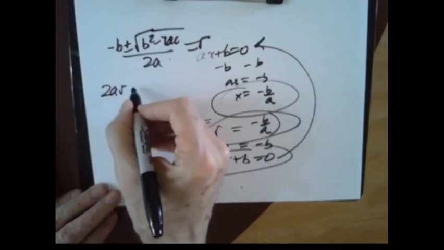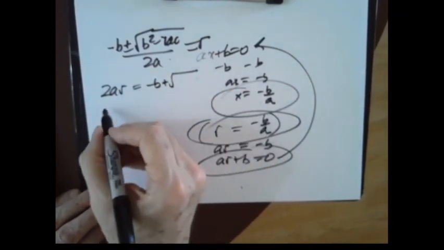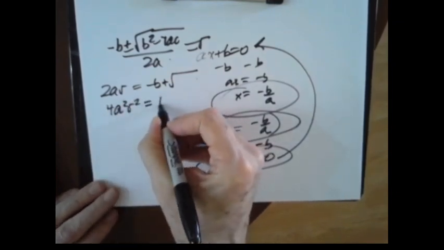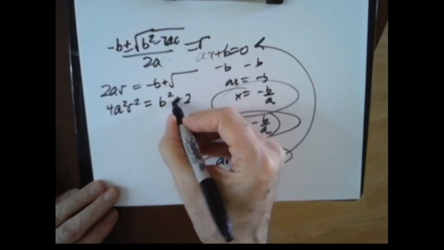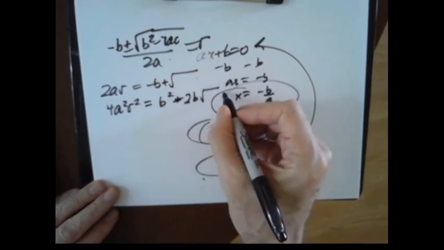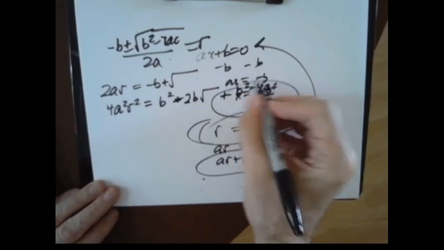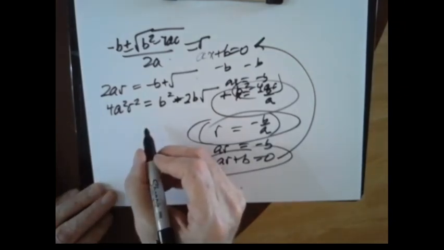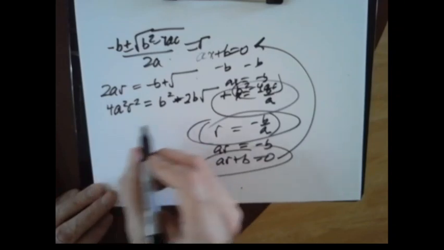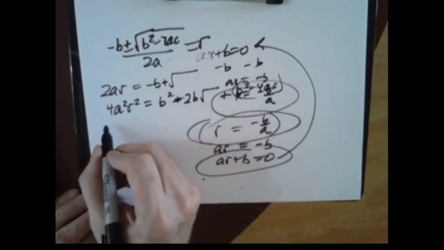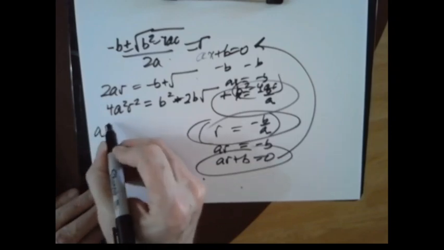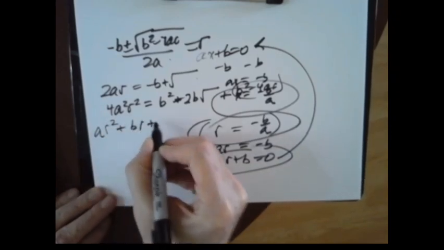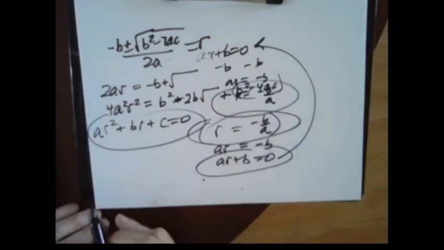Get 2ar equals minus b plus a square root job. 4a squared r squared equals b squared minus 2b a square root plus b squared minus 4ac, and you keep on going with this, and you should get a r squared plus br plus c equals 0. You get back to there.